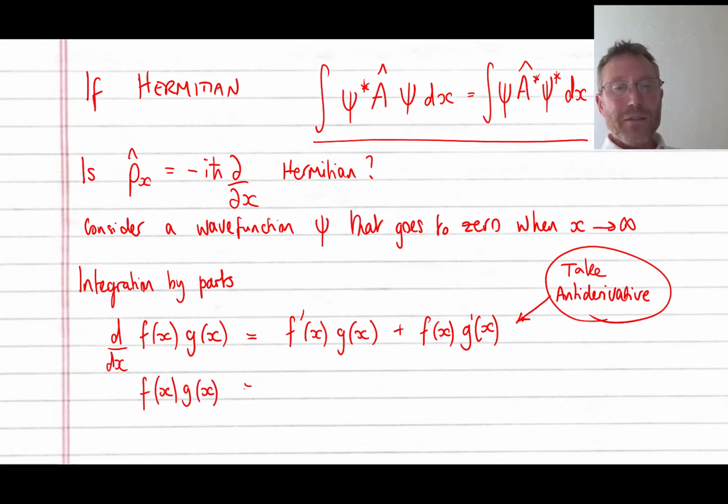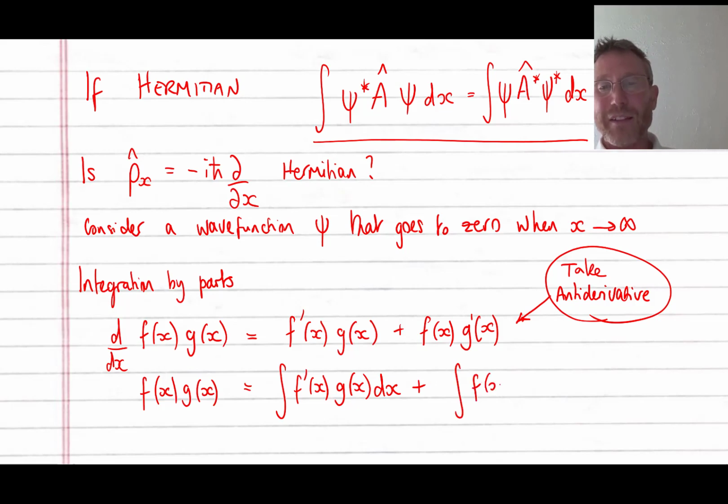And that is going to be equal to the integral of f prime of x g of x dx plus the integral of f of x g prime of x dx.